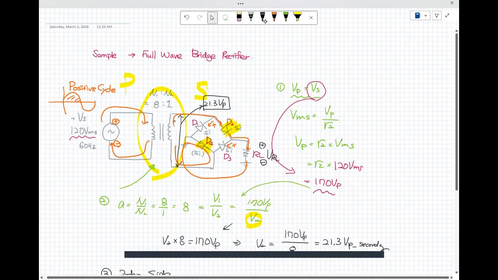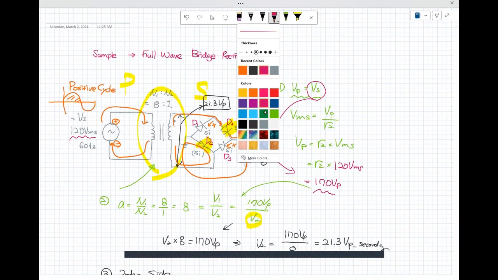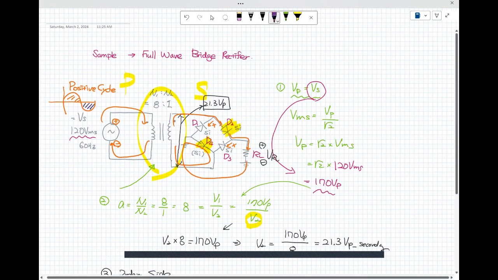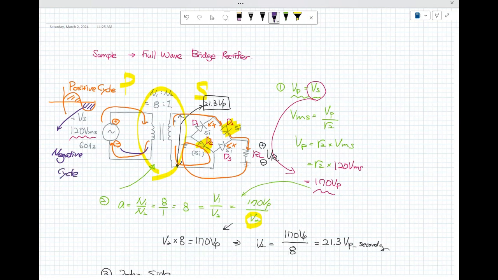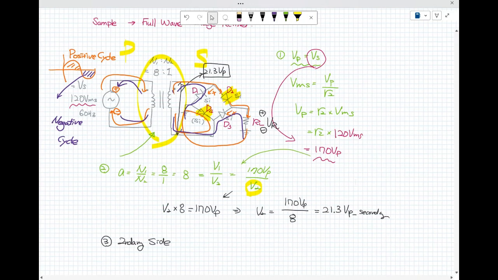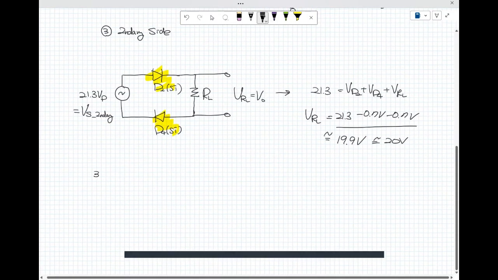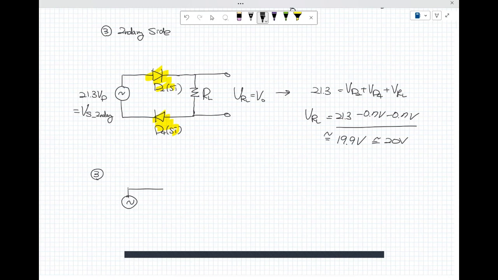But however, there is another part here. Let's say what color do we have? Okay, the purple here. So that was the negative cycle. You know, this is the negative cycle period. And that was for D sub 3 and R sub L and D sub 1 to the plus. Okay, so we're going to redraw here. This is D sub 1 silicon.